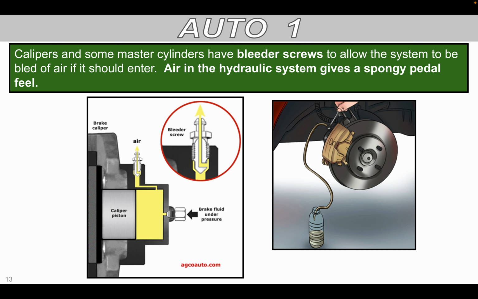So how do we get rid of all the old brake fluid that's in our brake line? We crack open this bleeder screw, and then we can press on the brake pedal. We have just artificially created a leak in our hydraulic system. When I push on that brake pedal, all that force is going to cause that fluid to come out of that bleeder screw.